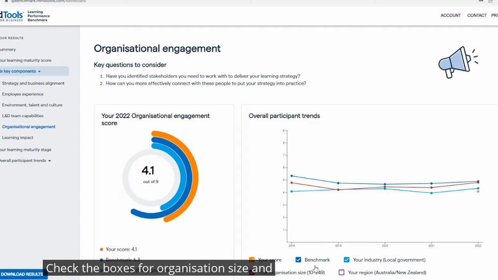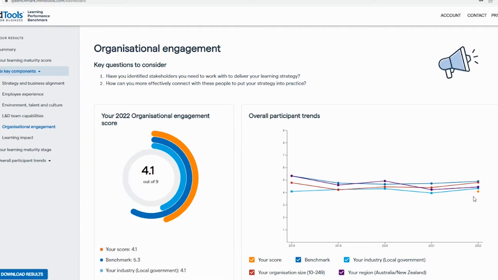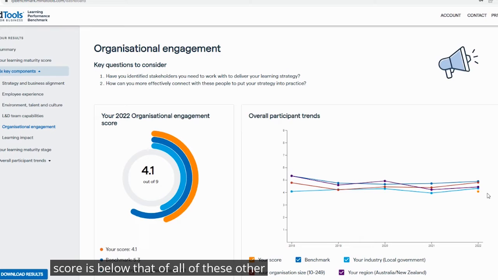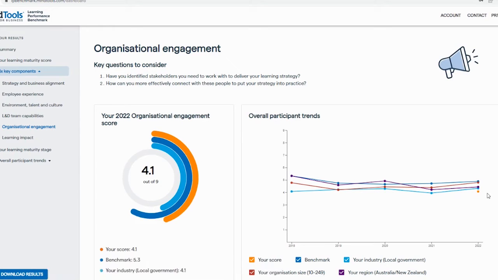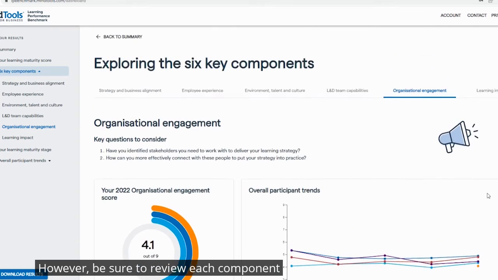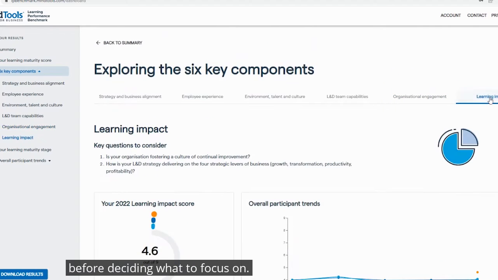Check the boxes for organisation size and region for additional comparative data. In this particular case, you can see that your score is below that of all of these other benchmarks, indicating that organisational engagement may be a good area to consider prioritising for improvement. However, be sure to review each component before deciding what to focus on.